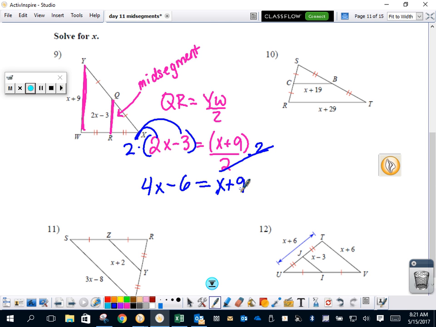Can you solve that? Okay, so you should be starting to solve for x here. If you didn't color code, I would color code so you know why we did what we did.